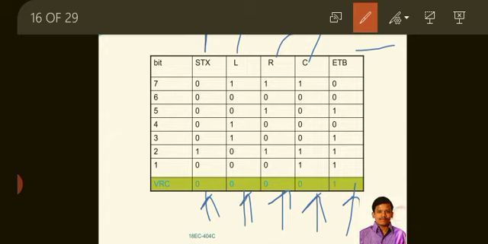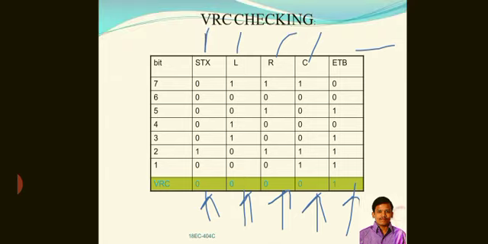So we find the extra bits in the VRC method by checking the characters of each column, vertically. Therefore the extra bits are 4 zeros and 1, and these extra bits will be appended to the original data. This is the method of VRC checking.